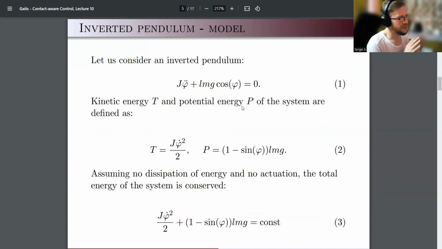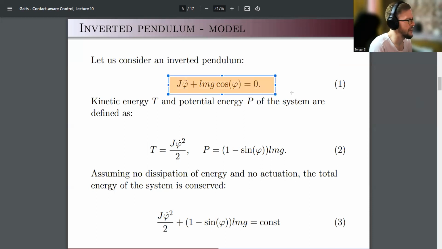Now, to understand this hybrid style approach, we have to consider the inverted pendulum. Okay, so let us just spend a little bit of time looking at it, and then we can understand better what the approach is all about. So the inverted pendulum is governed by these dynamics. Here I ignore any source of dissipation of energy.